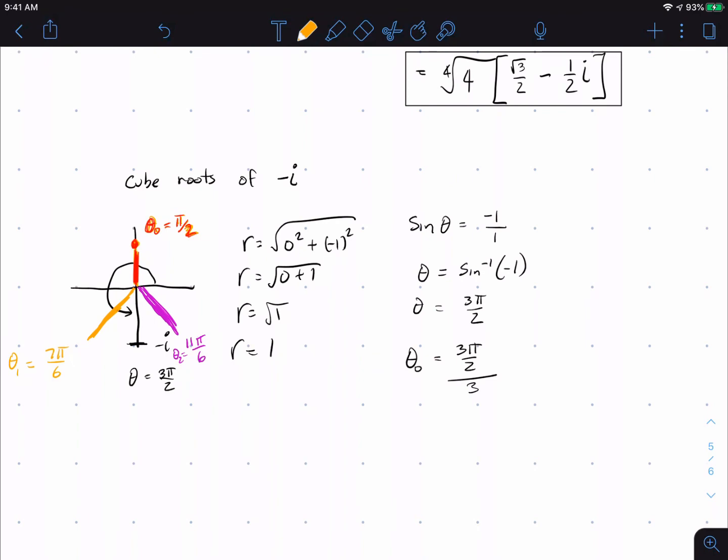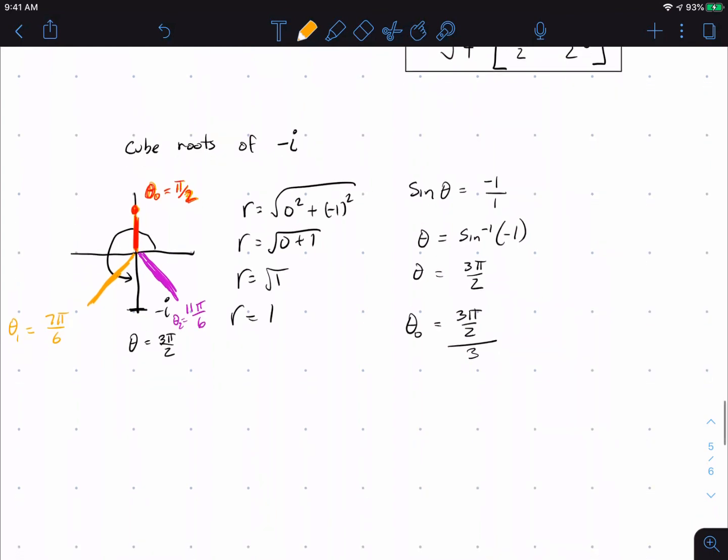And those are my 3 angles. Does that make sense with the 3 angles? How I got them? You're okay with that, Oscar? That makes sense?